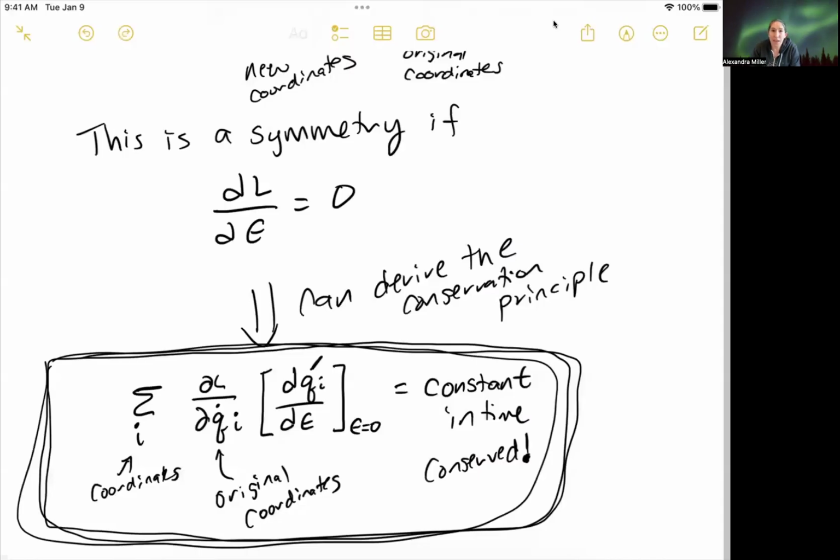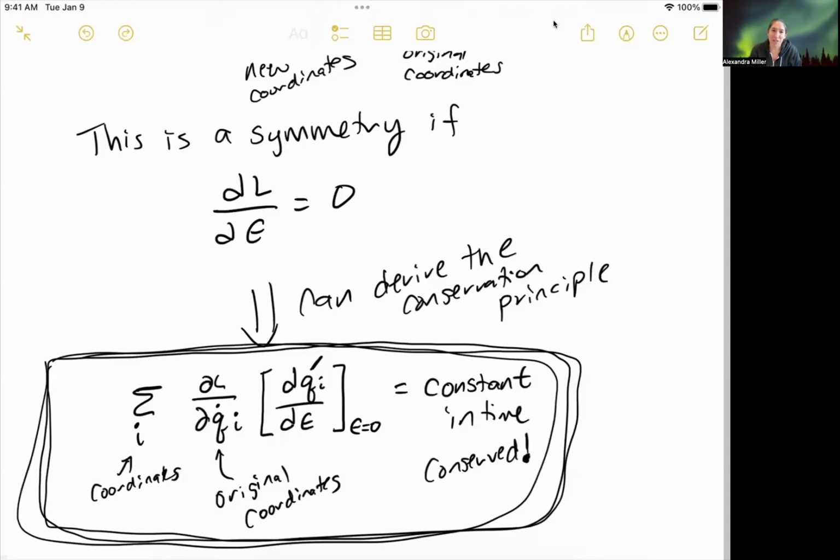Because maybe the symmetry you considered is somehow associated with the sum of momentum and angular momentum. I don't know, that's a weird thing to consider, but you could, or somehow it's proportional to something like that. And then you think that that's some weird thing you've discovered, but you just showed that momentum plus angular momentum are conserved. Okay, those are different units.